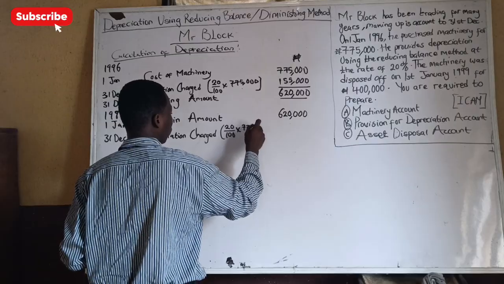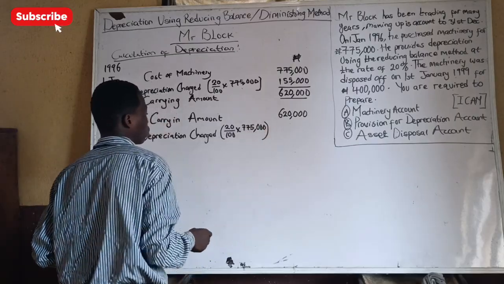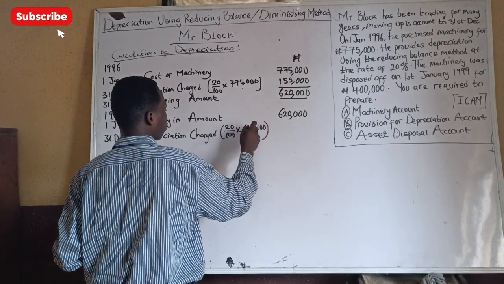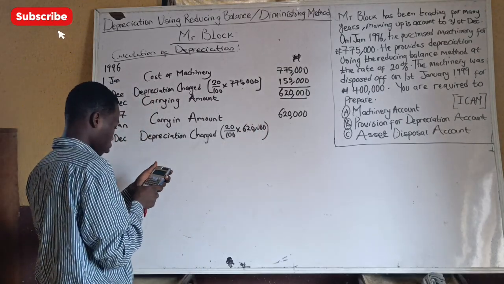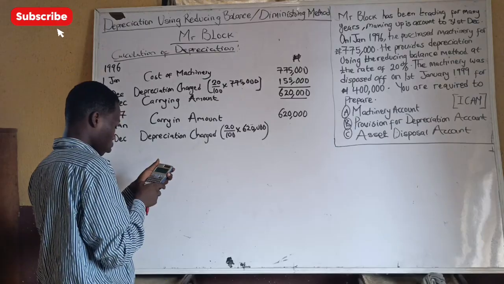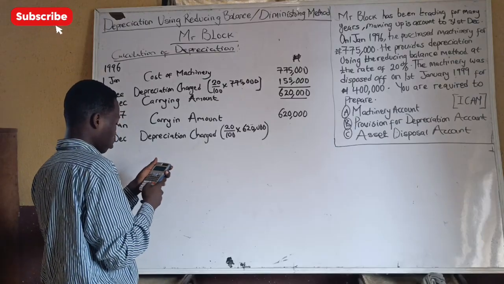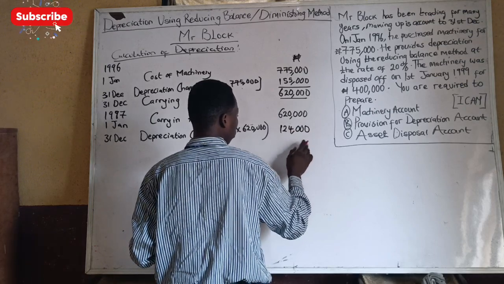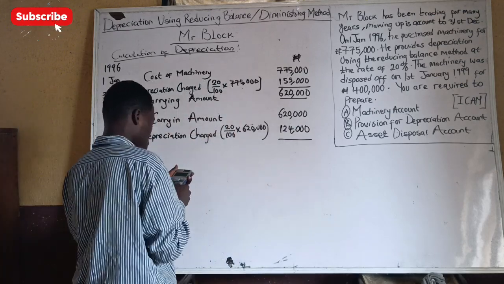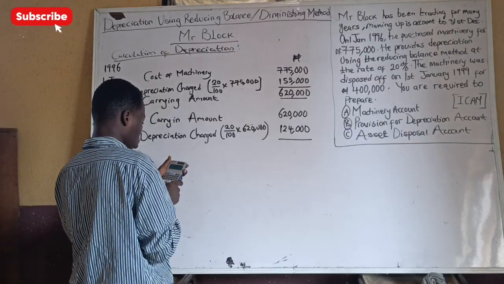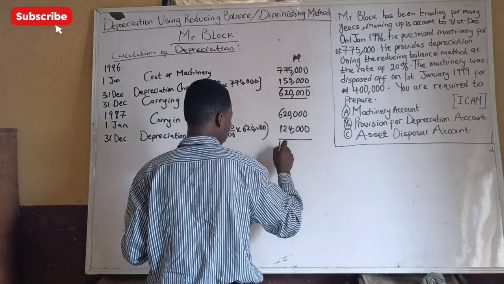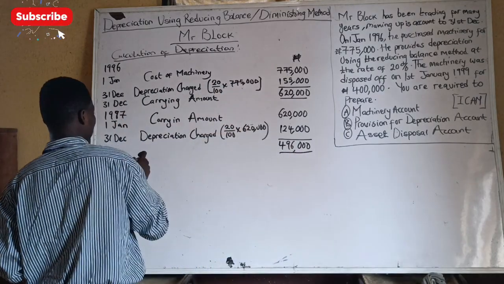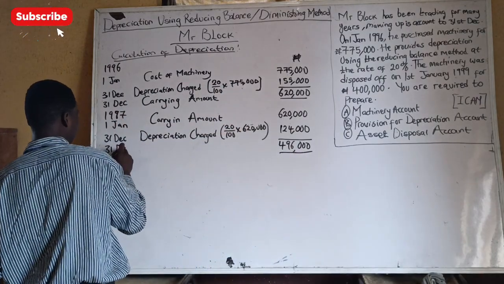So this gives, sorry, 620,000 naira divided by 100, then multiply by 20. So we have 124,000. Then we subtract this. This gives 496,000 naira. So the 496,000 naira is the carrying amount.